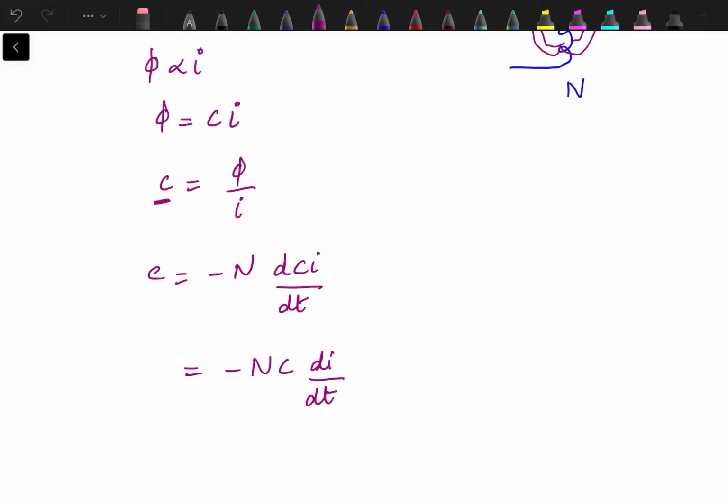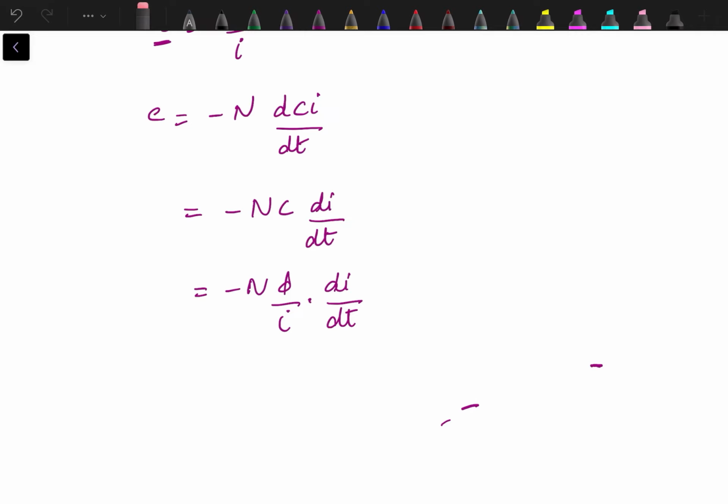Also, we have written that C is equal to phi upon I, so minus N phi by I into di by dt. This N phi upon I is written as L, which is known as coefficient of self-inductance, or simply self-inductance. L is self-inductance, or known as coefficient of self-inductance.